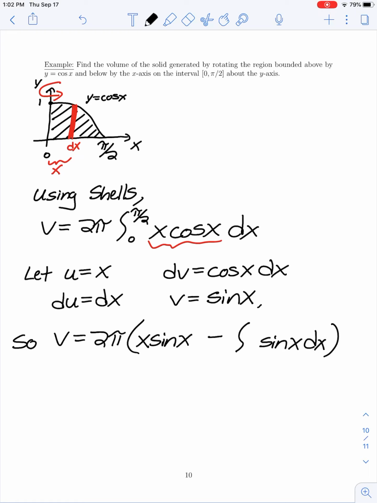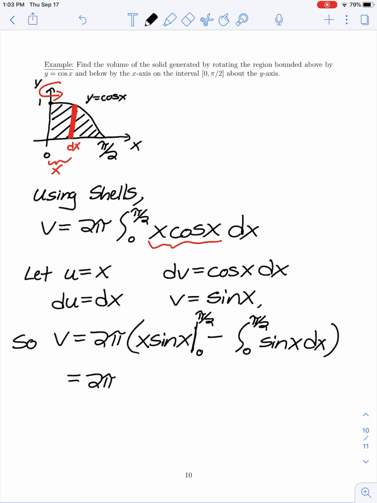Now here we have a definite integral from 0 to pi over 2. So when I rewrite my formula using integration by parts, this new integral is still being evaluated from 0 to pi over 2. And this first part of my function that I found for the antiderivative will be evaluated from 0 to pi over 2. So let's see what we get here.